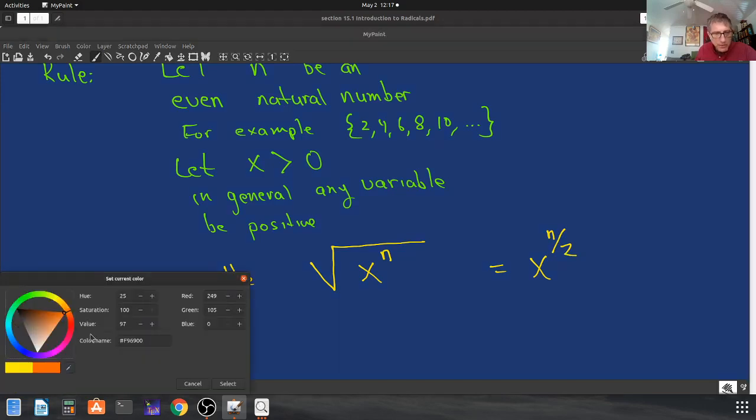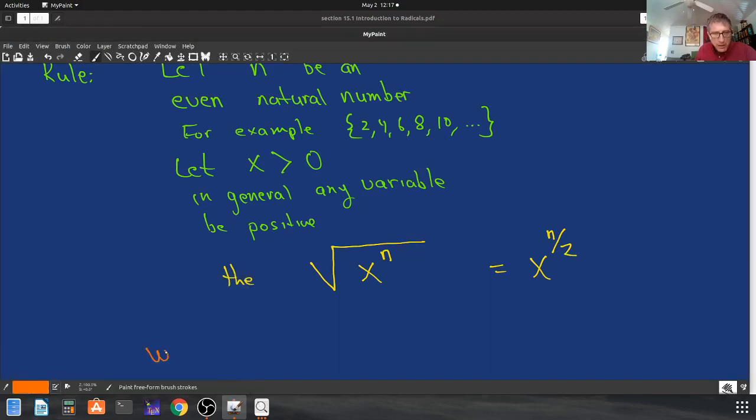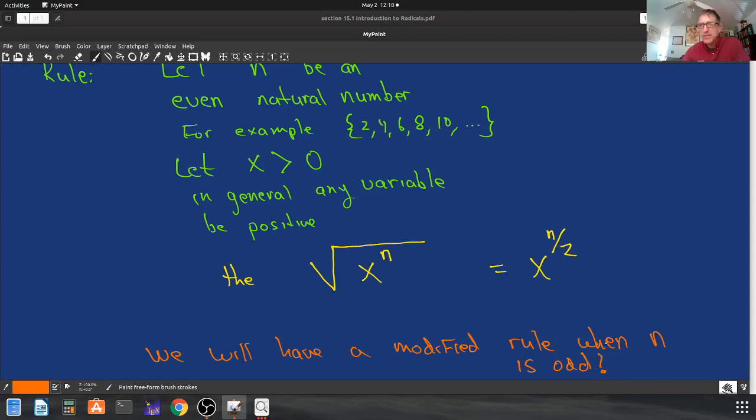Final note, we will have a modified rule when n, the exponent, is odd. Okay, that's it for this lecture.